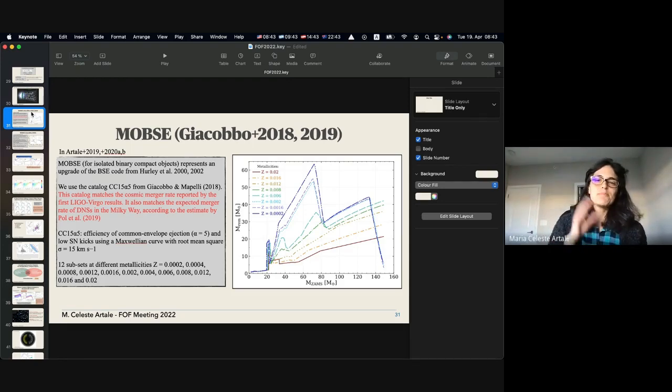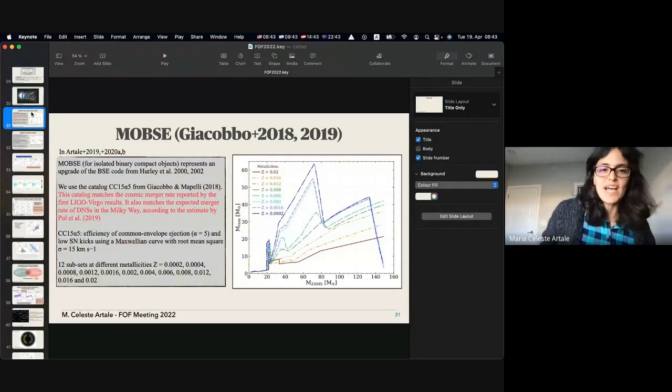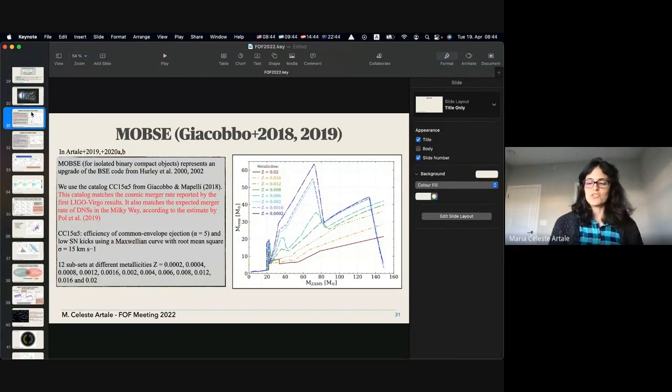There are people who just focus on improving and having the best population synthesis codes that reproduce our binary compact object mergers, right? And there are lots of parameters or uncertainties, like in the case of our hydrodynamical cosmological simulations, right?